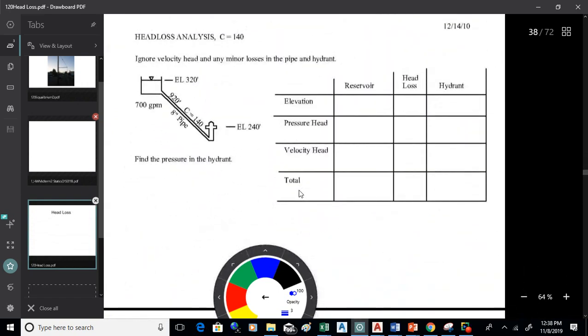So this is, I think, page 115, if I'm not mistaken. Now we've got C of 140, and we want to find the pressure at the hydrant.